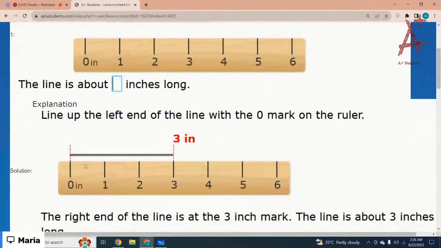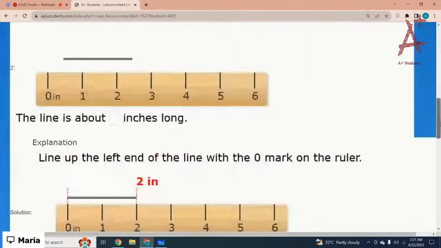You line up the left end of the line with the mark 0 on the ruler. You can see the line is just 3 inches long. So you match the 0 mark of the ruler and the left end of the line, right?